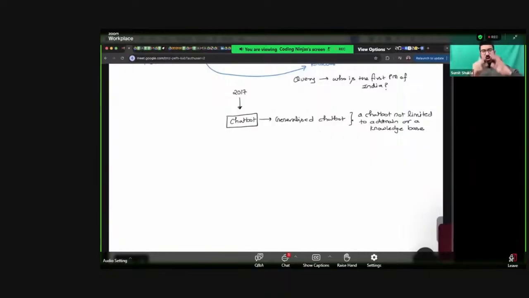chatbot with the knowledge of every possible topic in this entire world, which basically means they need to train this chatbot using the internet data. And with this thought process, they started looking for methods to train a chatbot on internet data. Why internet data?